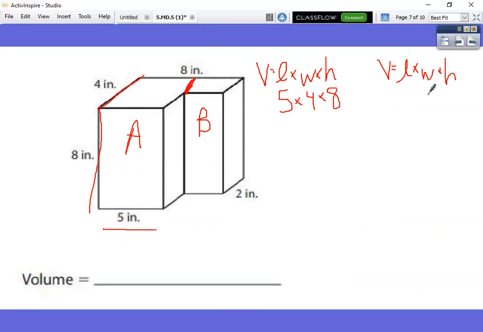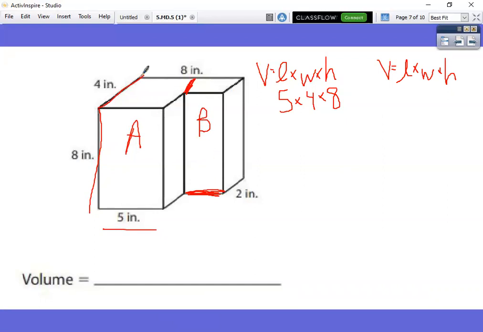Now let's find the dimensions for our second prism, and then all we have to do is go back and do our math. So with our second prism, my length is this right here, but I don't see that it's labeled anywhere, and sometimes that's the case. So if we don't have it labeled, we need to look at the prism and see if there is other information that could help us figure out what this length should be.